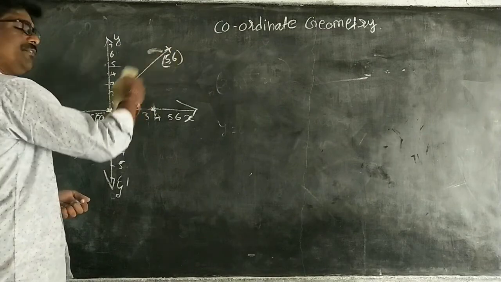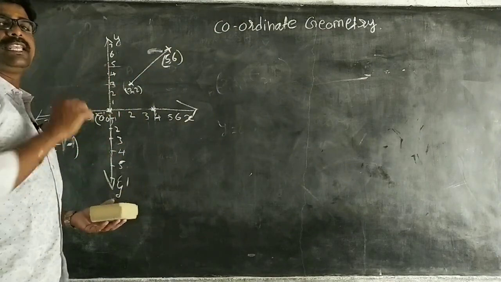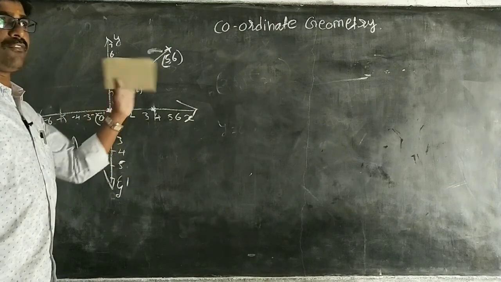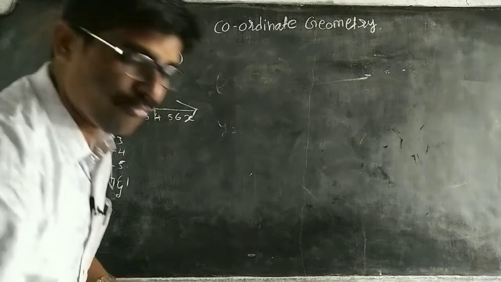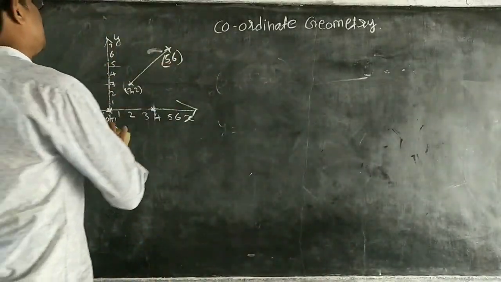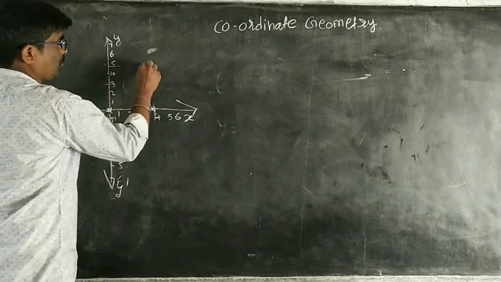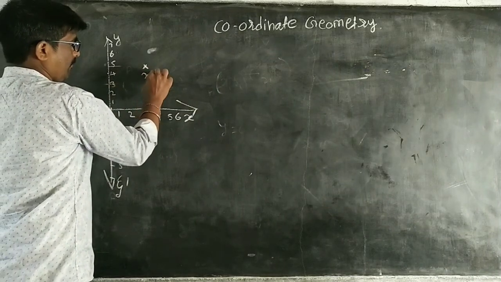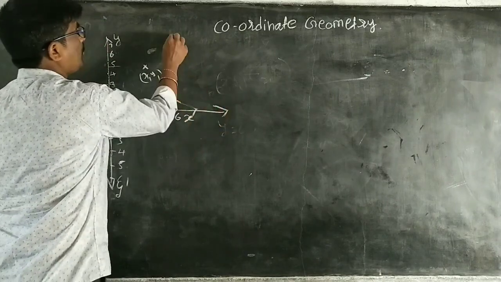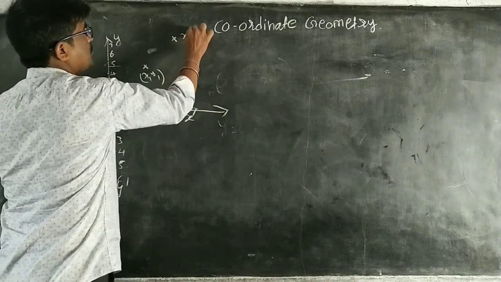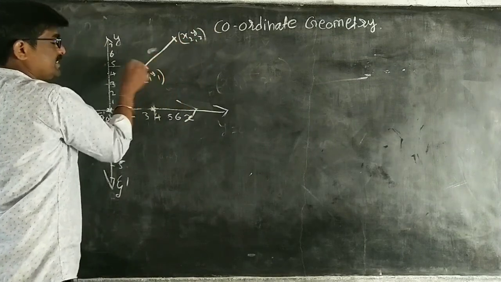Here, if the x coordinates are equal or the y coordinates are equal, we can easily find the distance. But here both x and y coordinates are not equal. At that time, how do we find the distance? Observe. Okay. So I take 2 points. This is x1, y1, and here I am going to take x2, y2. I am going to find this distance.